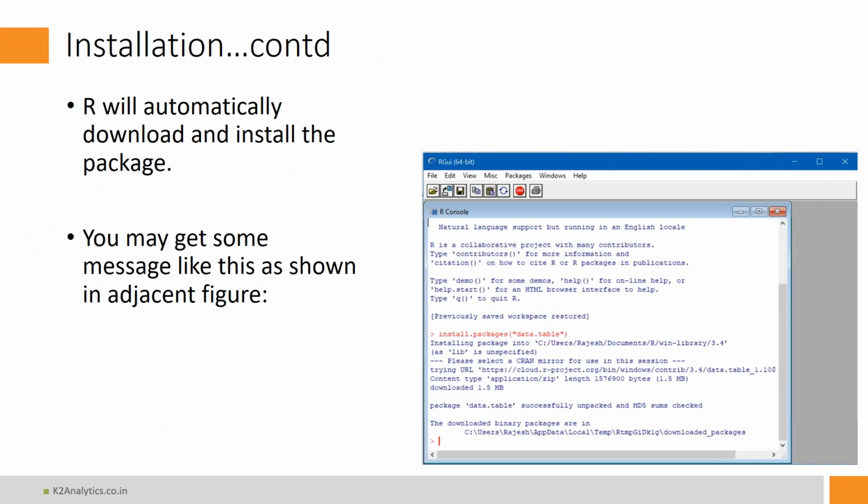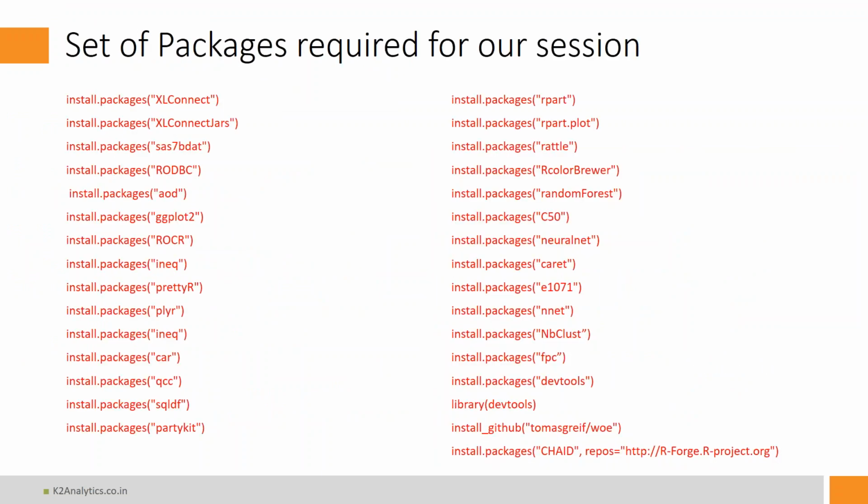What I have done is, there are certain set of packages which we will be requiring for our sessions. And it would be some of the most used packages by us. I've directly put a list of those packages. So what you can simply do is copy paste these packages in our console and execute them.